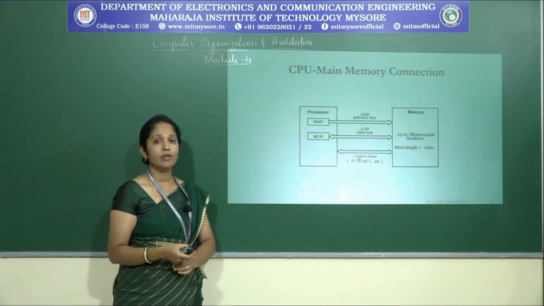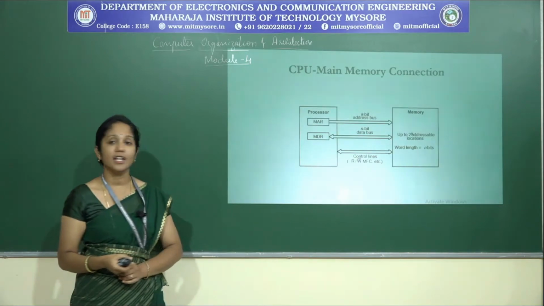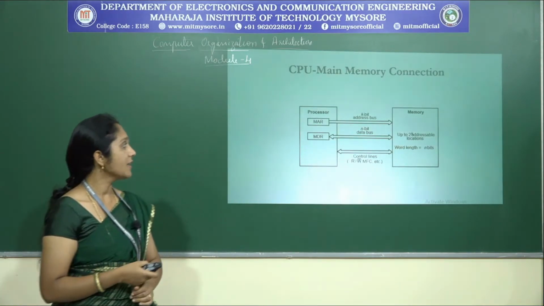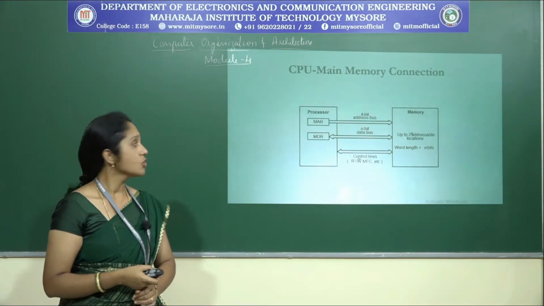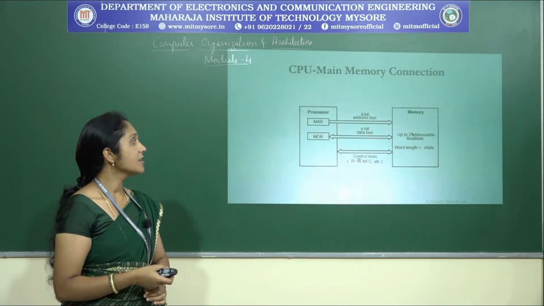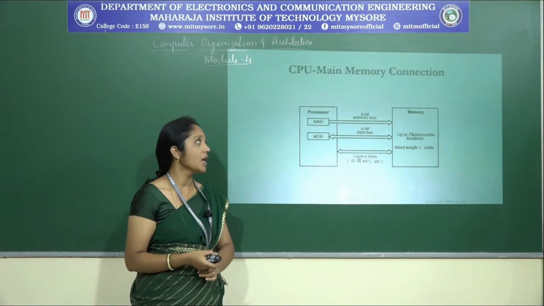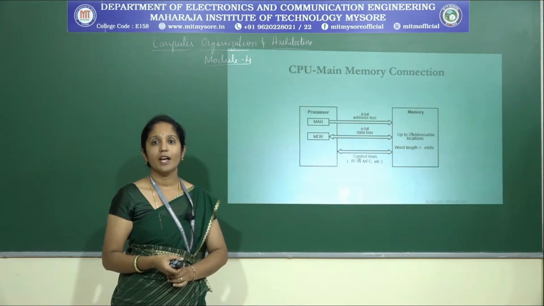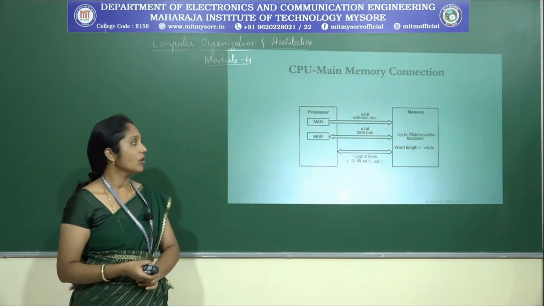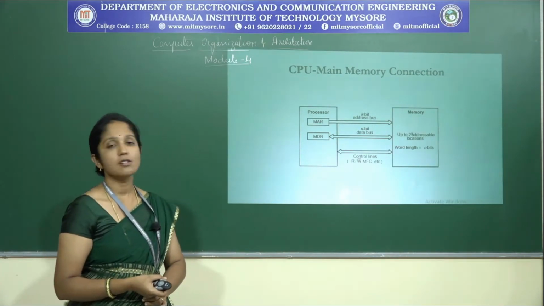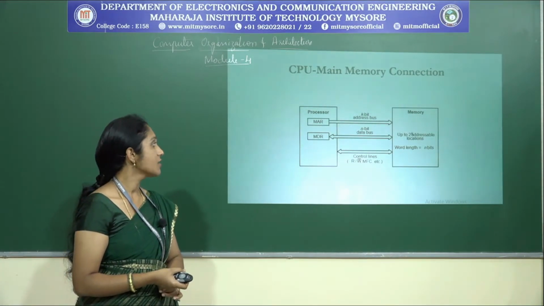If you observe carefully, the memory address register has k bit length, whereas the memory data register has n bit length. The memory address register represents the total memory space: 2 power k gives the total addressable locations of the memory.